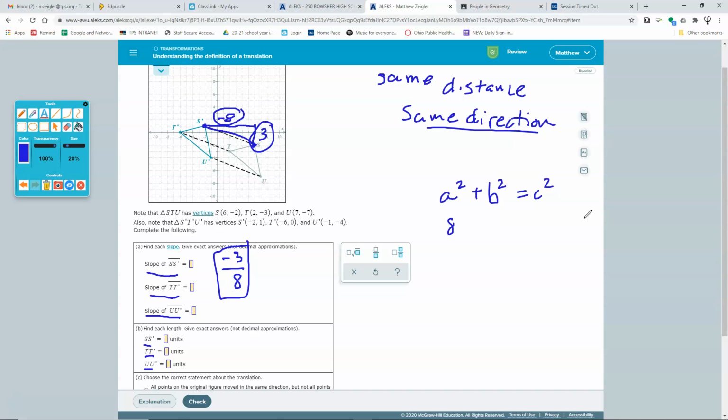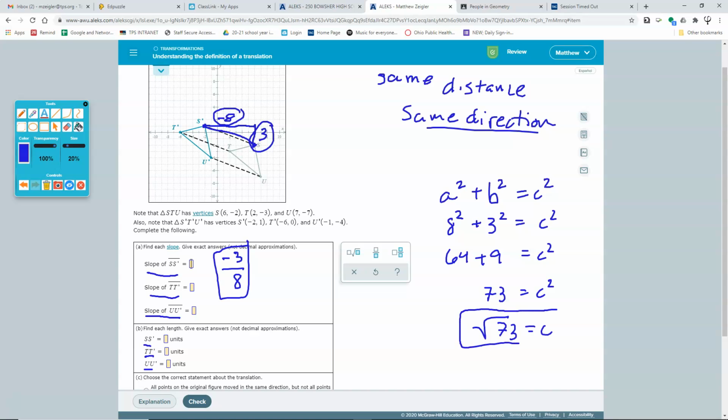It doesn't matter which is which, so 8 squared plus 3 squared equals c squared, so that's 64 plus 9 equals c squared. That's 73 equals c squared. So finally, square root of 73 equals c.